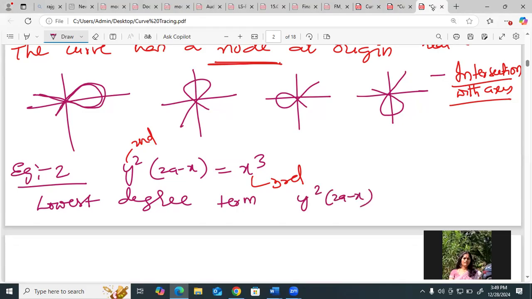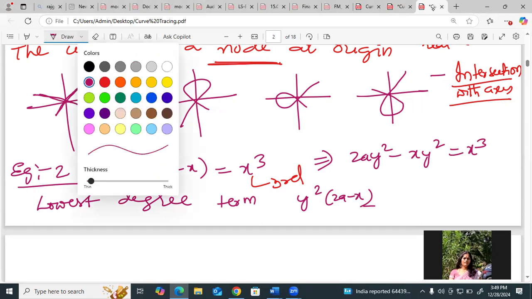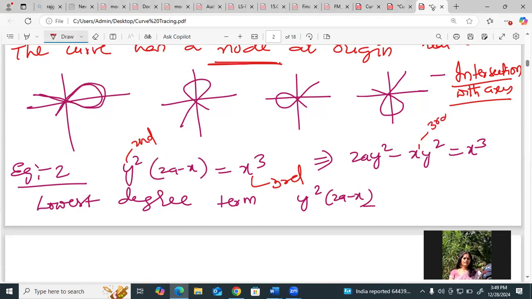Of course, I can expand this as well, guys. Just see here: 2a y square minus x y square is equal to x cube. Now, if you look here, x y square is a third degree term. X cube is also a third degree term. Only this one is a second degree term.